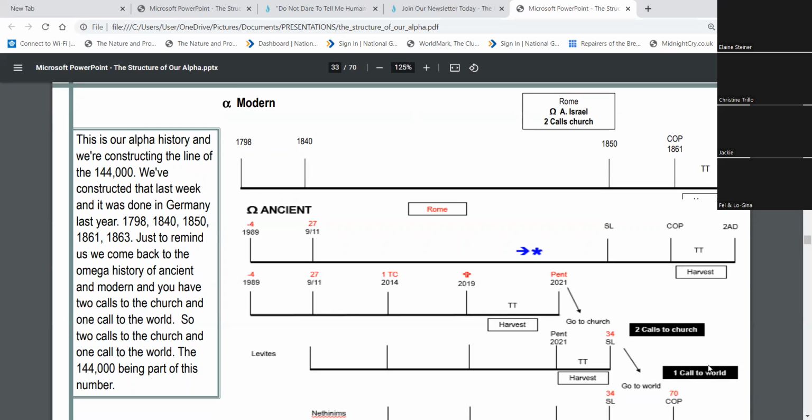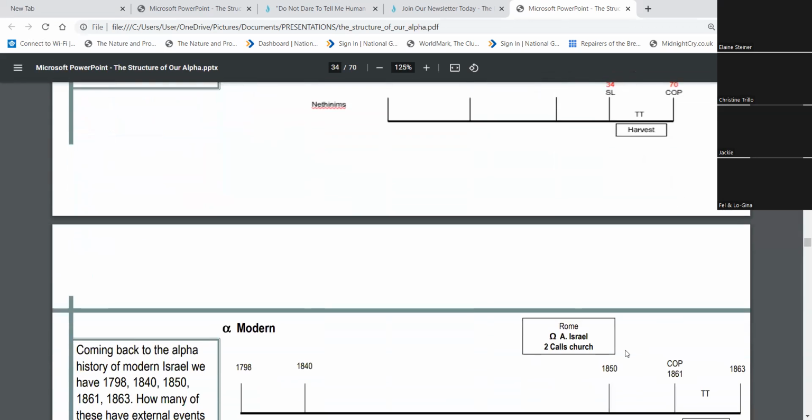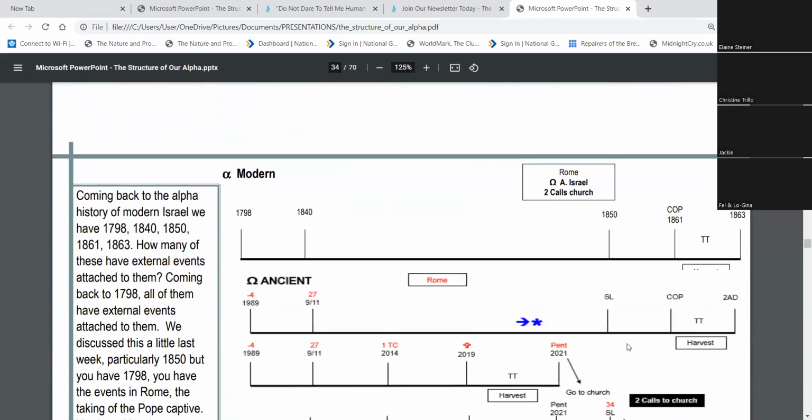So two calls to the church and one call to the world. The 144,000 being part of this number. Coming back to the Alpha history of modern Israel, we have 1798, 1840, 1850, 1861, and 1863.